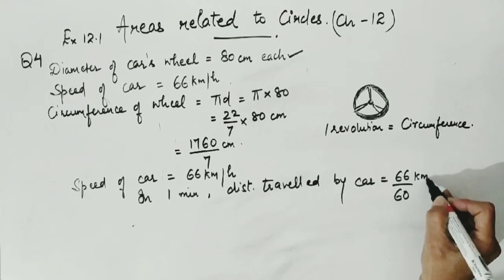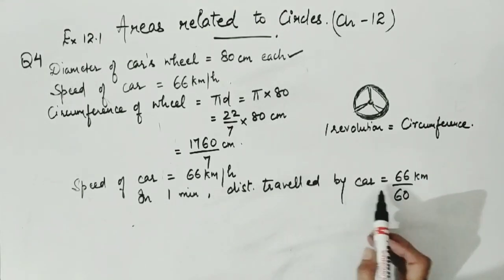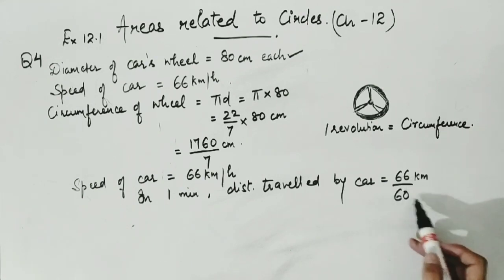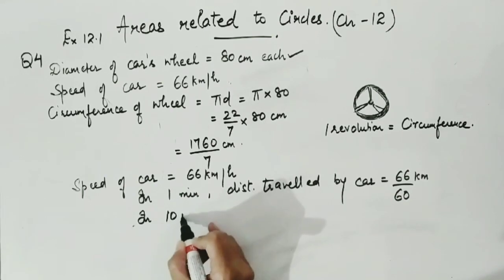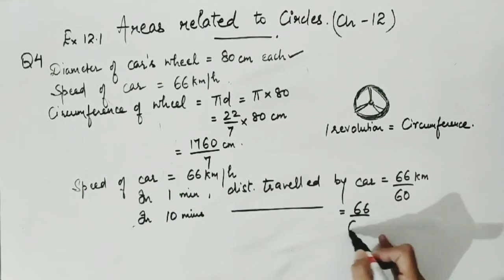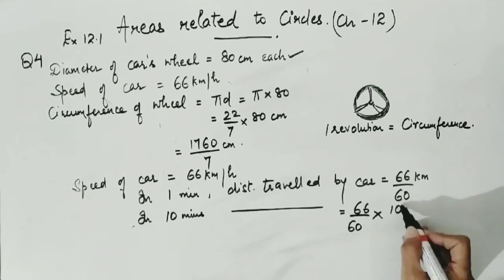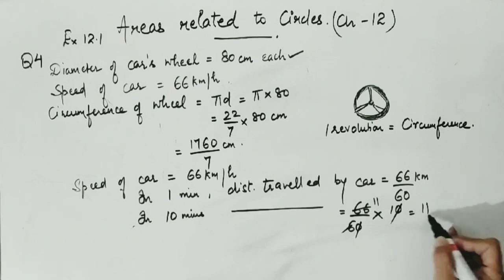This is all in kilometers. And what about 10 minutes? In 10 minutes, the distance traveled by the car would be 66 upon 60 into 10. Cancel this. So this is 11 kilometers.